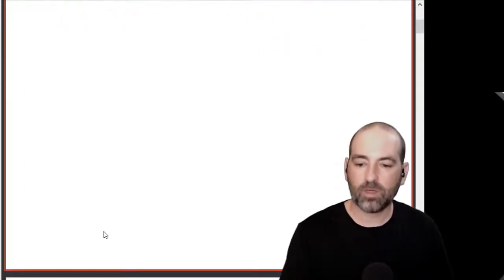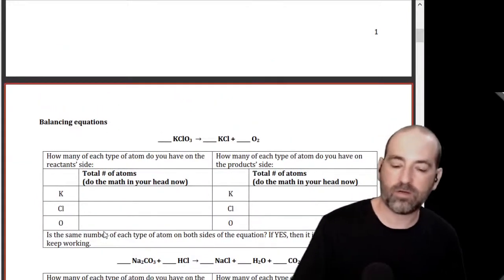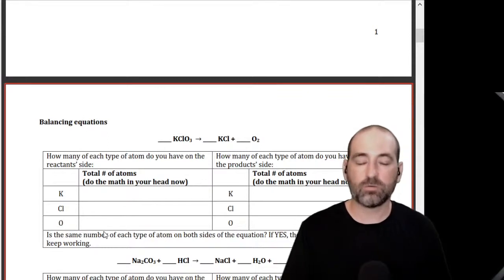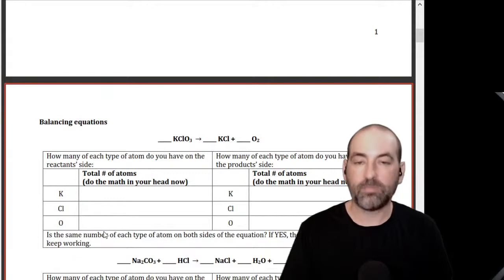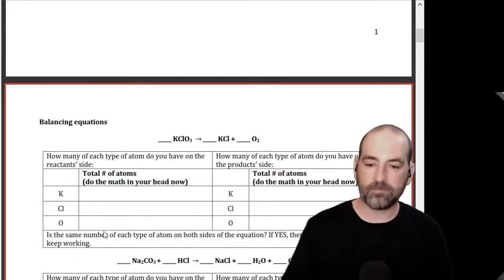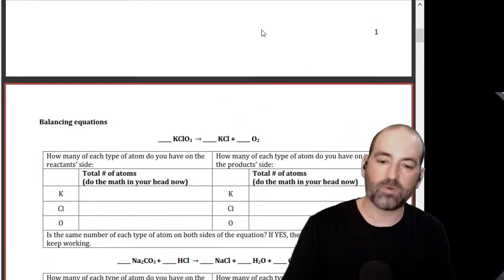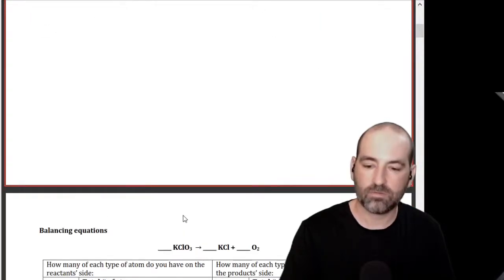All right. So let's get into some of these reactions now and talk about what happens when we encounter an equation, or we're writing down an equation, and we want to make sure that it is balanced. And when we say balanced, we mean the same numbers of atoms on the left and on the right. So let's take this one here, and we're going to rewrite it and go through it a little more slowly.